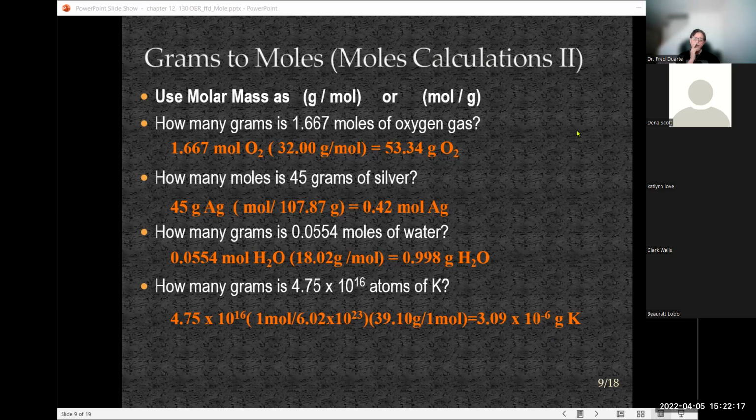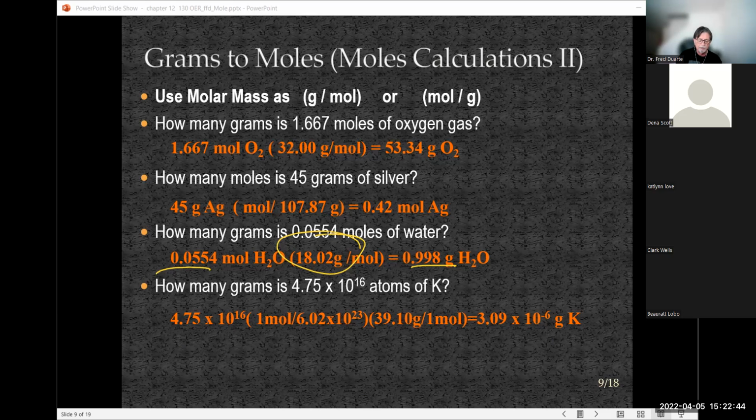Now, notice this is kind of ambiguous, but I want you to think about this for a second. Normally, the calculations we've been doing so far have been measurements. Moles is a measurement coming from grams, going from grams to moles, back and forth.